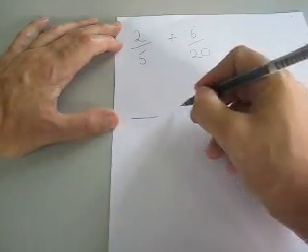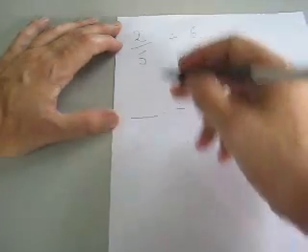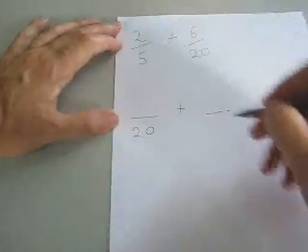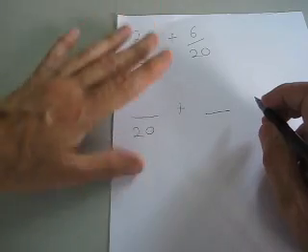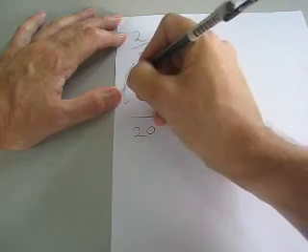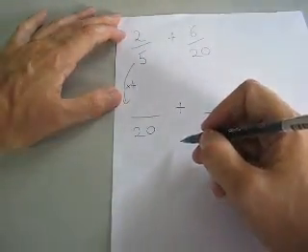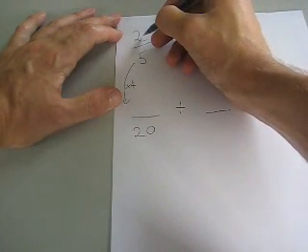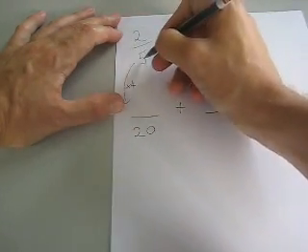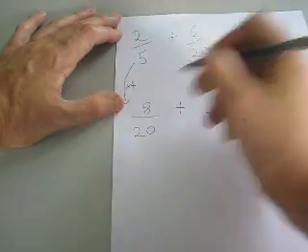Let's have a look at that. Remember, I'm looking for the same number at the bottom. So 5 can become 20 in the 5 times table. How does 5 become 20? Well, 5, 10, 15, 20. That's multiply by 4. So if it's 5 times 4 is 20, I have to do the same to my top number, my numerator, to keep the fraction the same. So 5 times 4 is 20, 2 times 4 is 8.